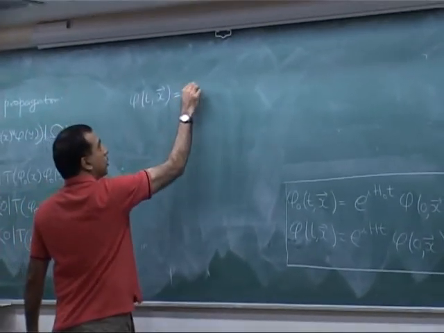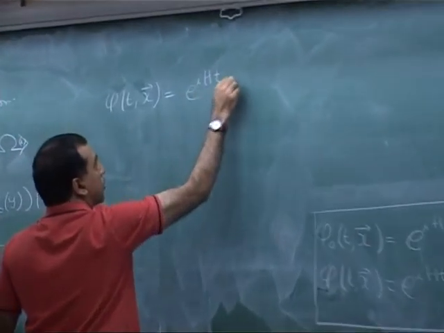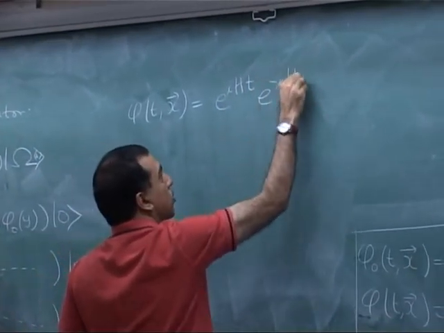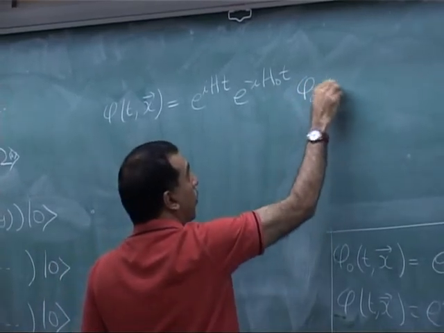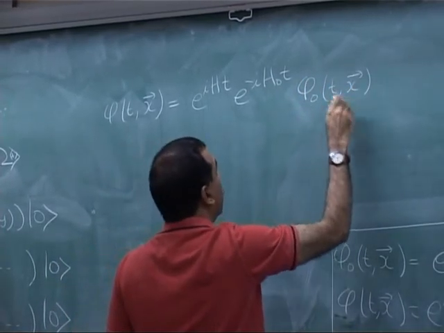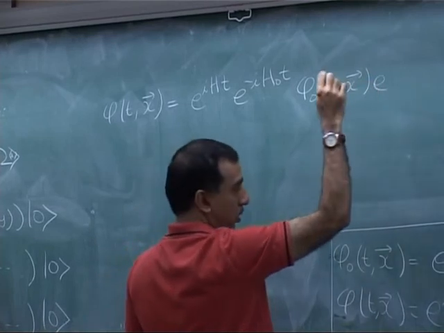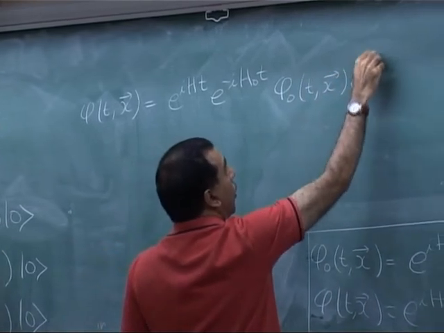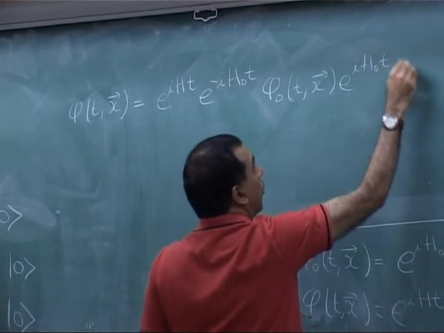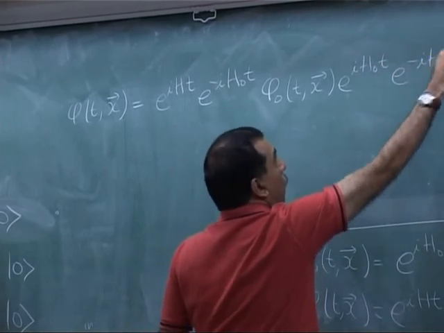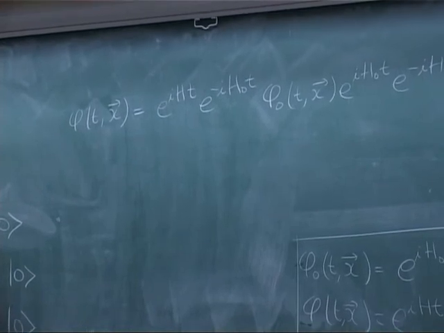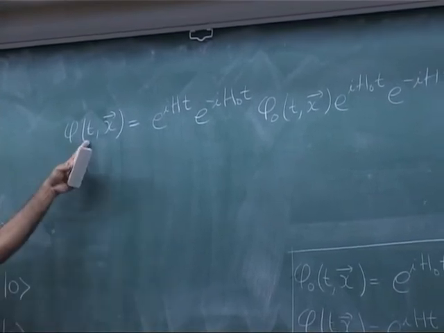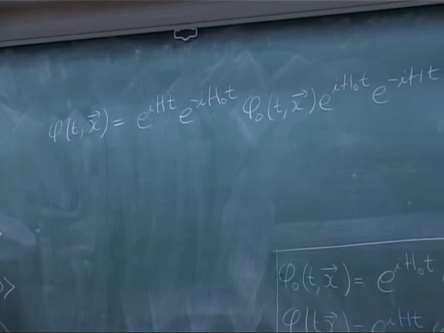So I have the relation that this is e to the iHt, e to the minus iH naught t, phi 0, e to the iH naught t, right? So this tells me at any time t the relation between the interacting field and the free field.